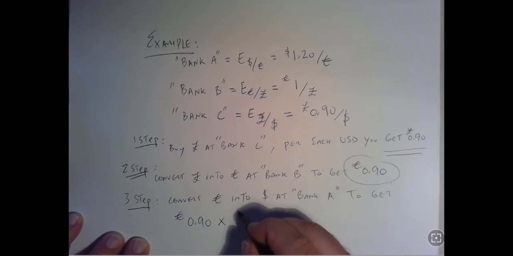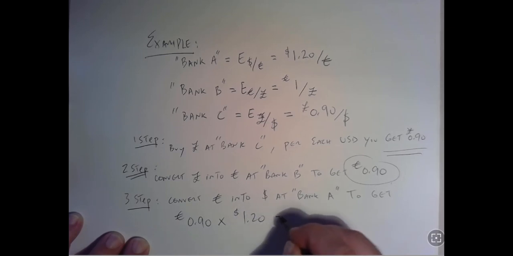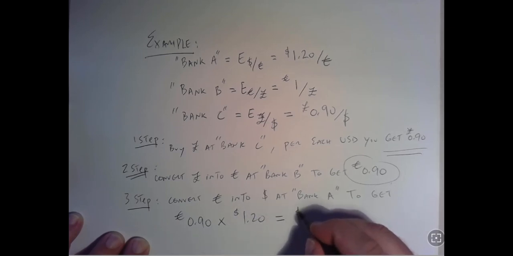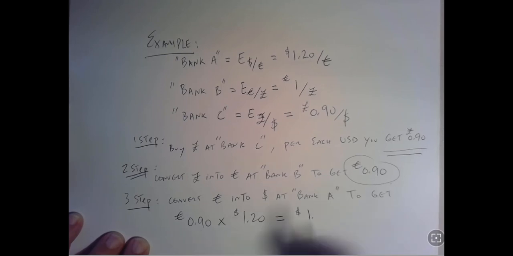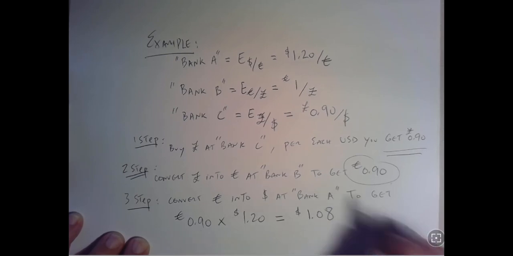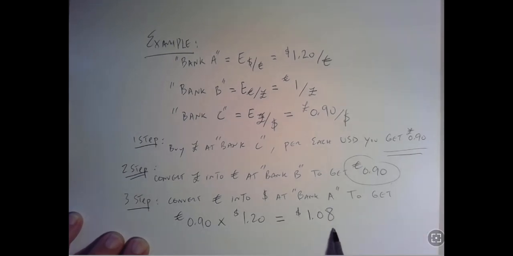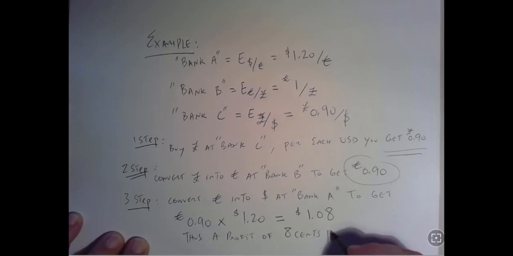Each euro is worth $1.20. So for these 90 cents I'm going to get $1.08. Thus, a profit of 8 cents per US dollar invested.